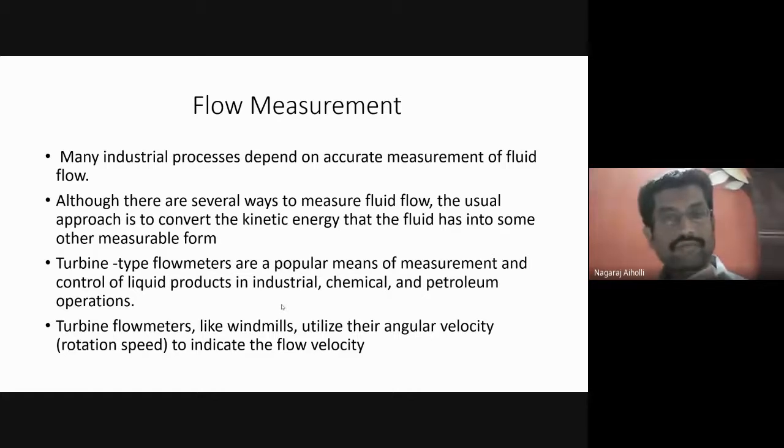When the shaft rotates, voltage is generated in the generator because of conversion of mechanical energy or kinetic energy into electrical energy, right? By measuring this voltage, we are able to measure the speed with which the fluid is flowing, or the flow rate of the fluid can be measured.